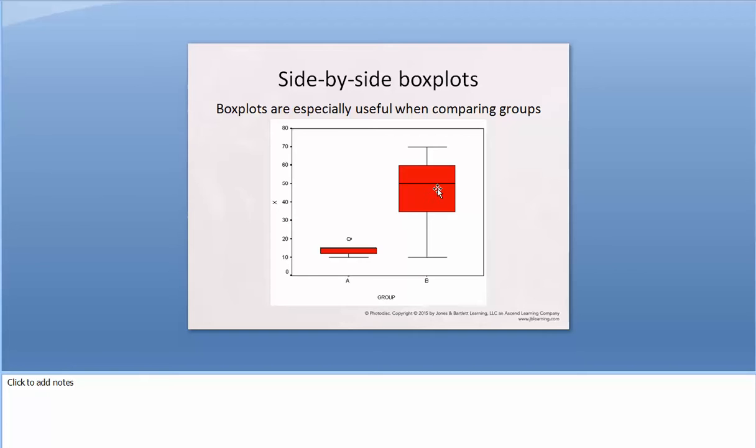And also the spread, of course, is more in here. That's not a good thing. Here the data is much tighter, which means the data is pretty good, but here the data is more spread out. The median here is more than the median in this group. So for comparisons, box plots are really good.